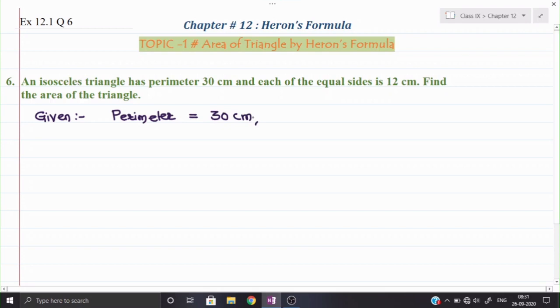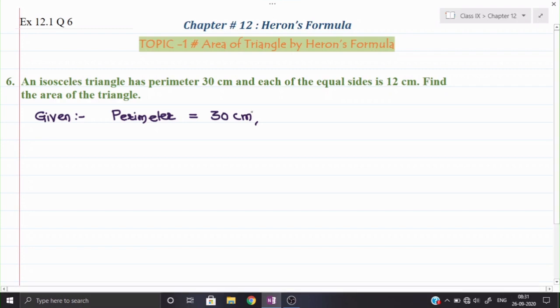You know that in an isosceles triangle there are 2 equal sides. If all 3 sides are equal, it becomes equilateral. So they are saying whichever 2 sides are equal, both are 12 centimeter.